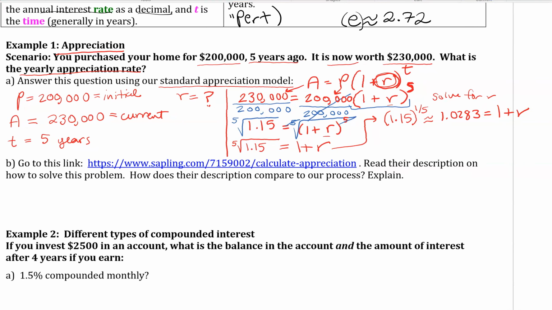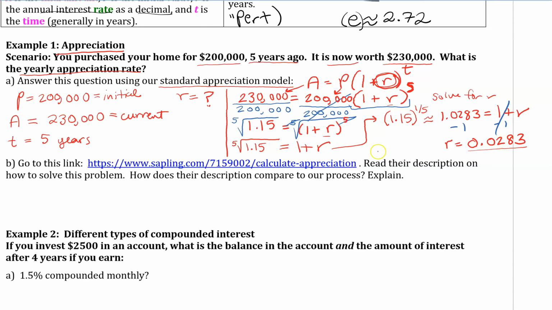So to solve for R, I would just need to subtract 1 from this number. And so R would equal 0.0283. But what is R? R is an annual interest rate expressed as a decimal, right? So this is the decimal value for the percent.